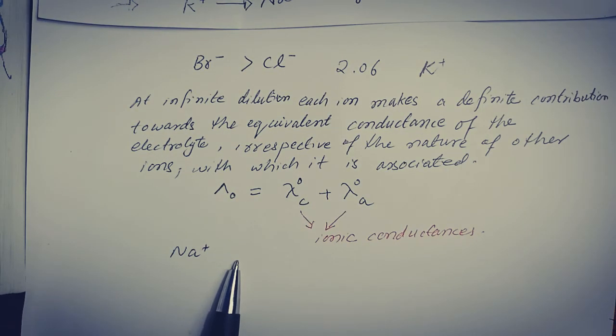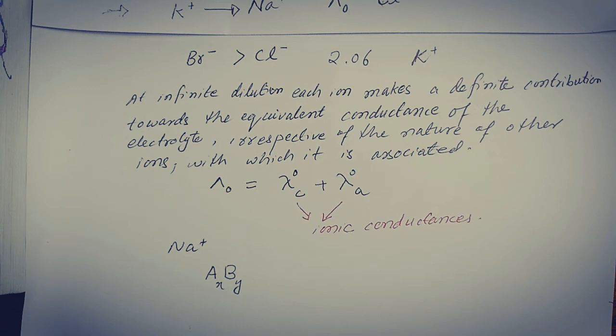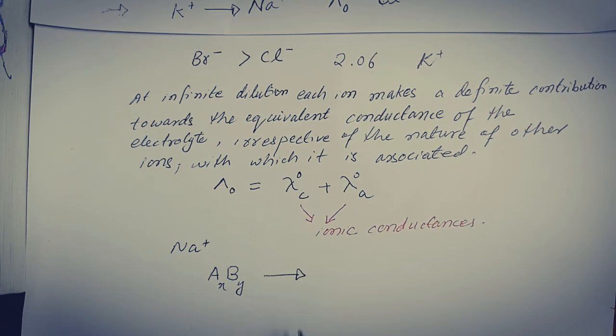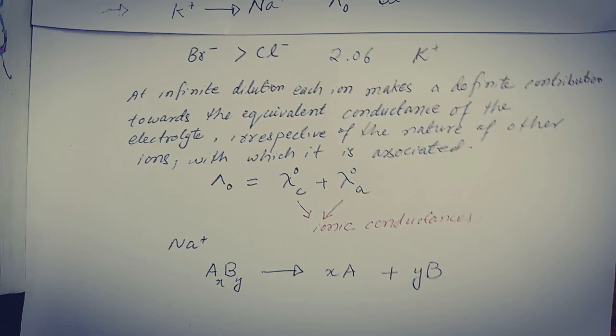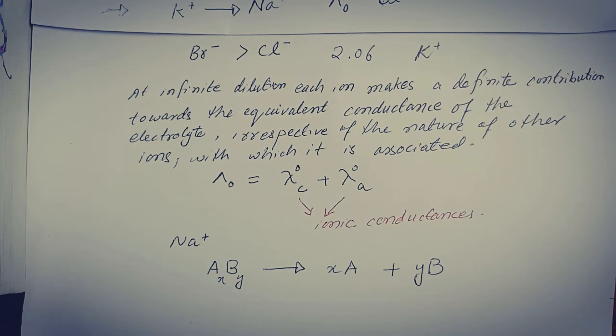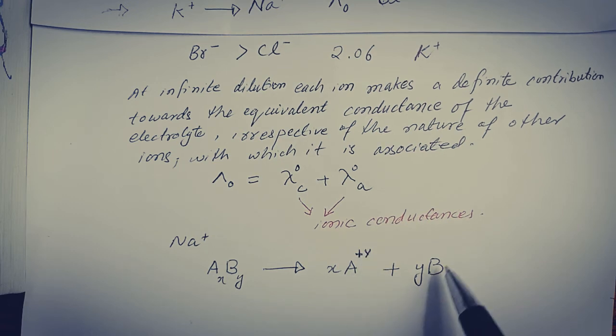So let's discuss an example. For example, if we have a salt that is AB and we have their molecular formula, so here the equation has been stoichiometrically balanced, and the cationic species has a charge plus y and anionic species has a charge minus x.